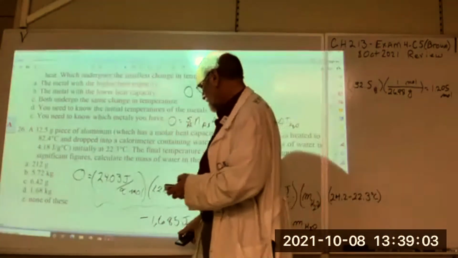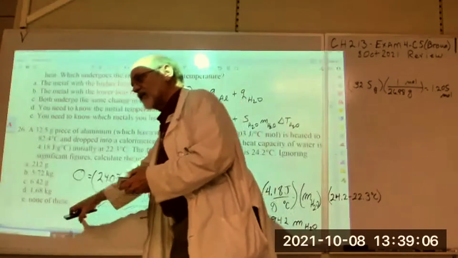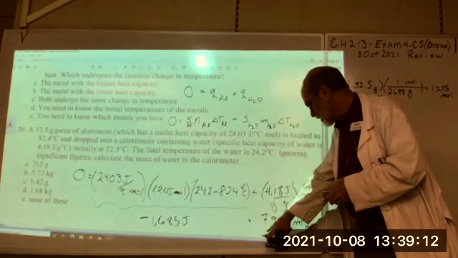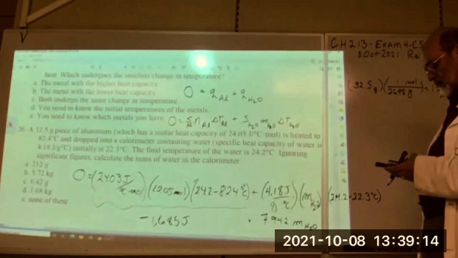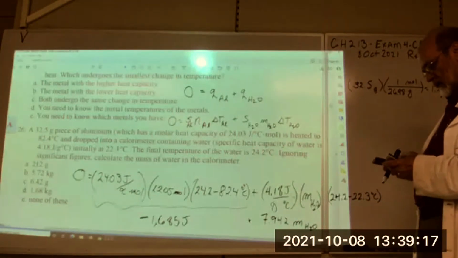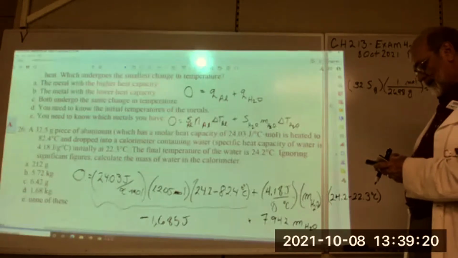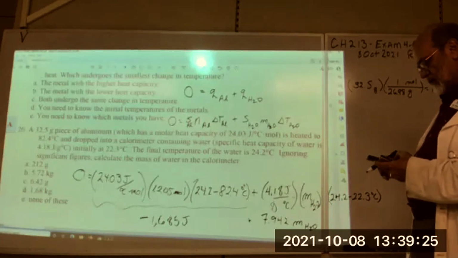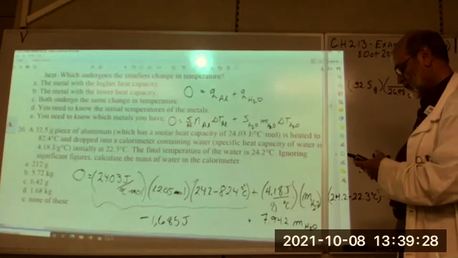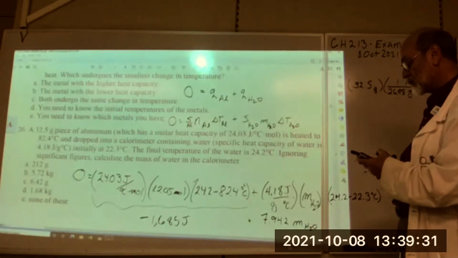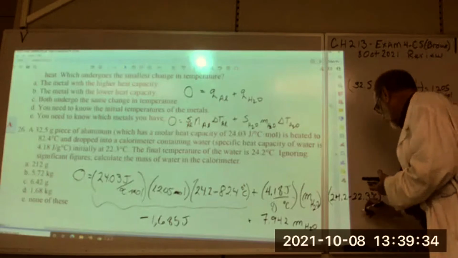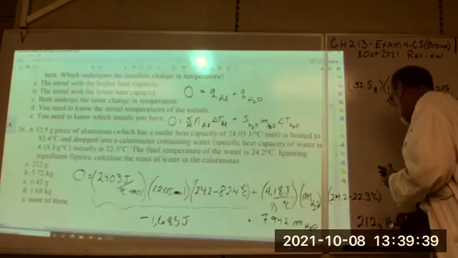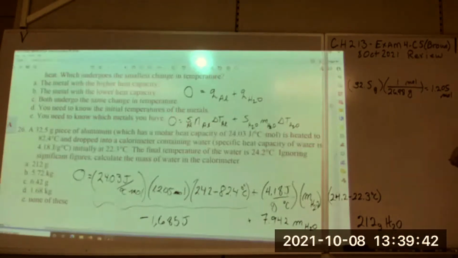So if we add this to both sides, we get that one on that side over there. 1685 positive, and then we divide it by this one, and that gives us the mass of the water. And I get 212 grams of water. Okay?